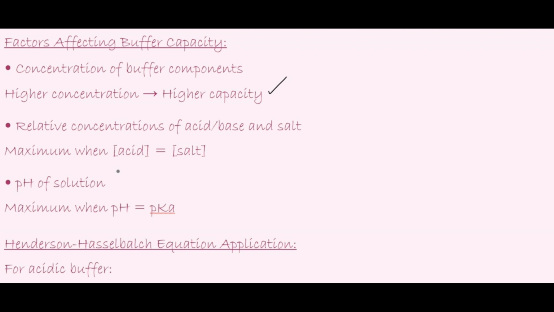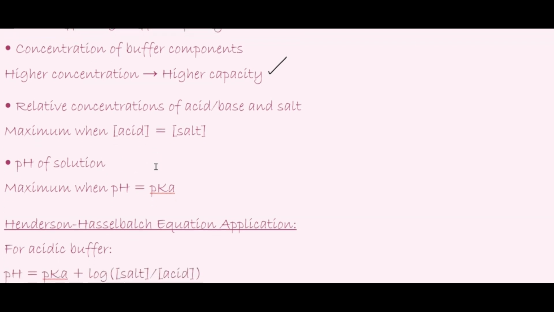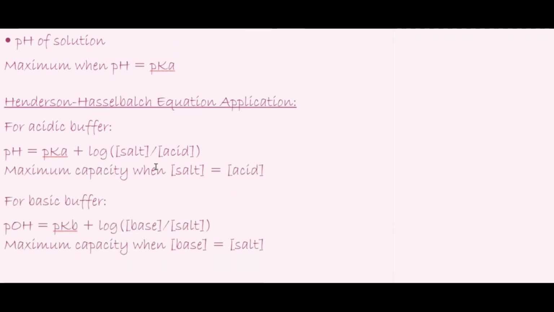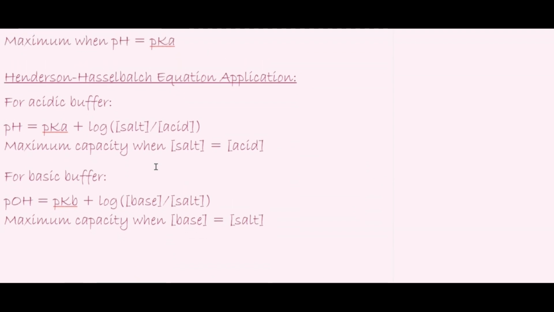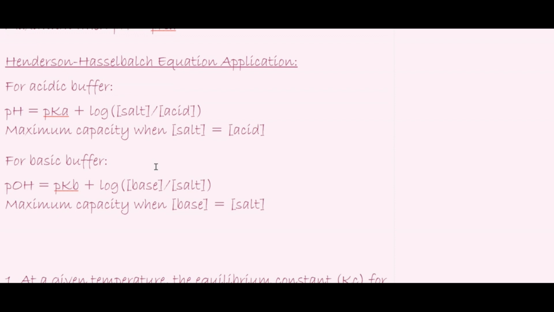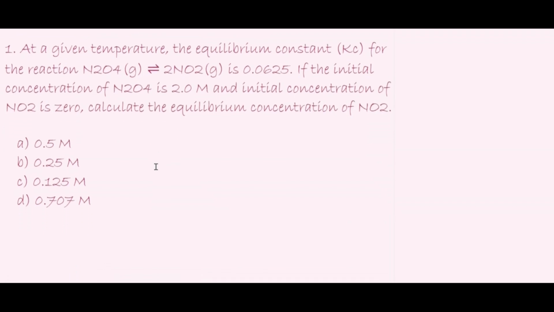So the concentration of whatever acid or base you are adding will also affect it. Buffer capacity will be high when pH is equal to pKa. So these are the important formulas and parts of this chapter. It's time to solve some problems.